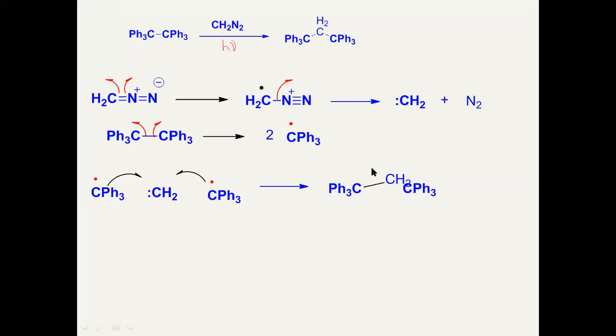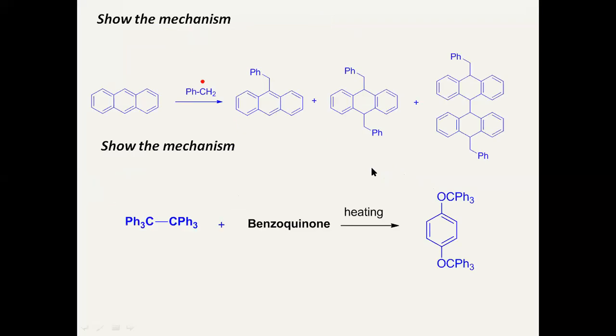Okay, let us go for the next reaction. See, there are two reactions before you. The first one is the anthracene, and this radical is given, which is already generated by the initiator. And if you follow the mechanism for this reaction, you will get three products. How will three products form?